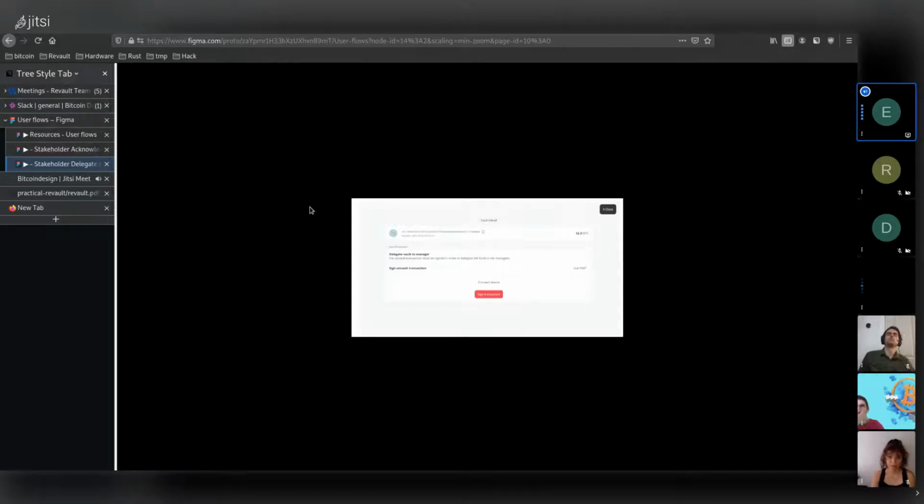So each time, okay, a vault is one UTXO, and the unvault is the act of moving the UTXO to the manager multisig. Right. I think that was a revelation to me.